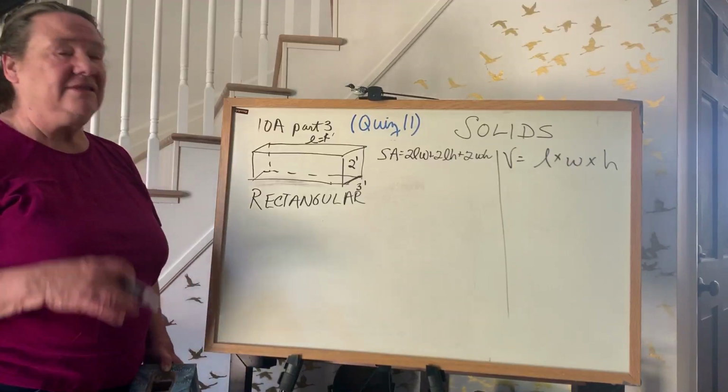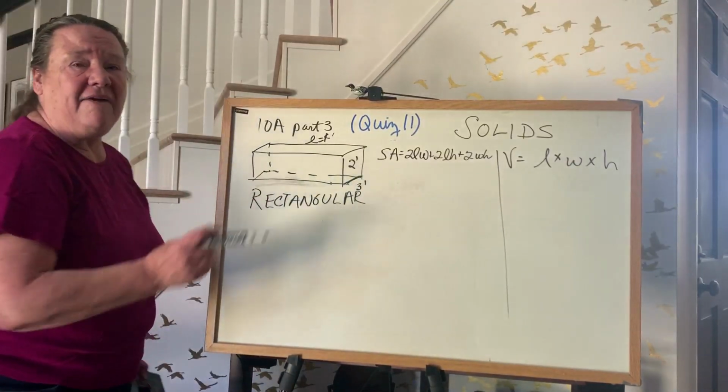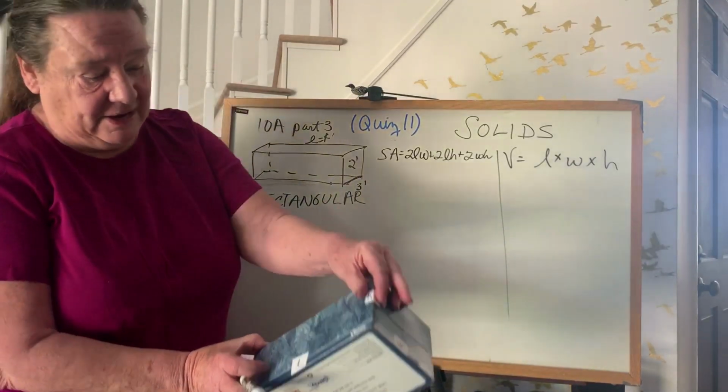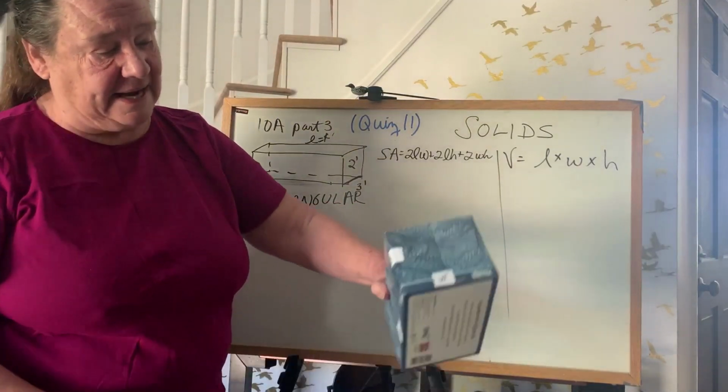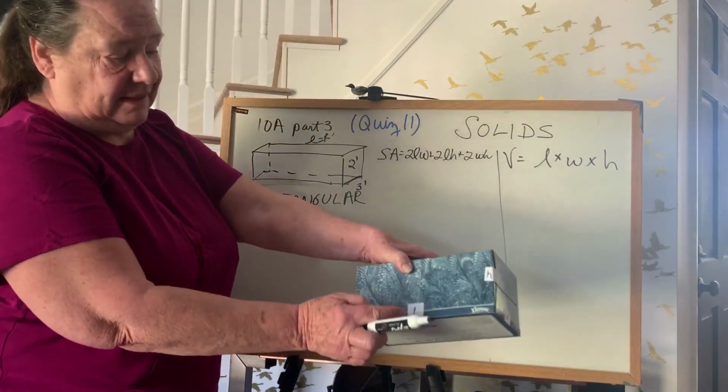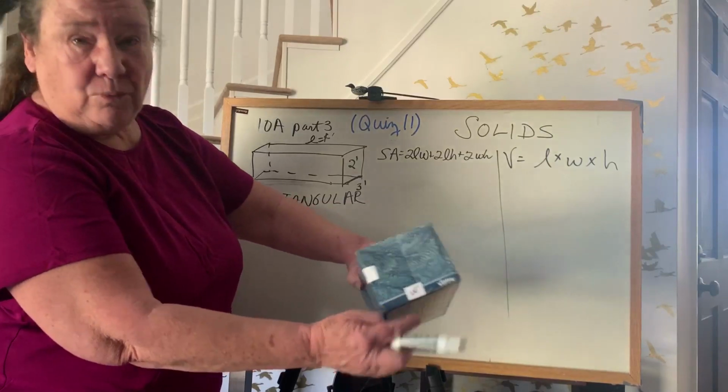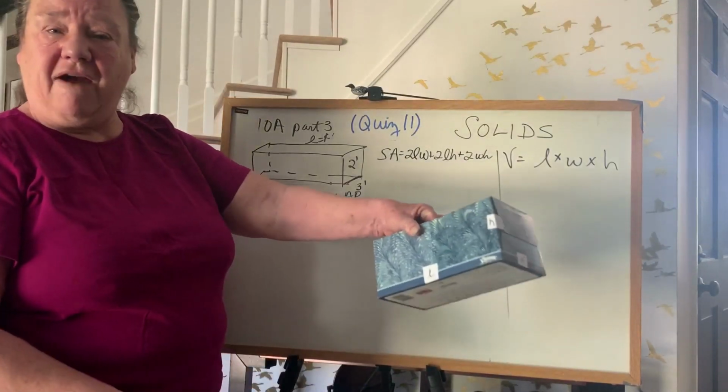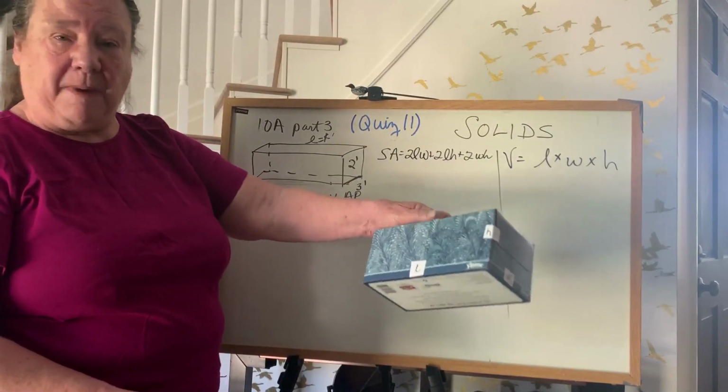So we want to find the surface area. So I have to wrap, and here I have my example with length, height, and width. So we have to wrap this nice box.